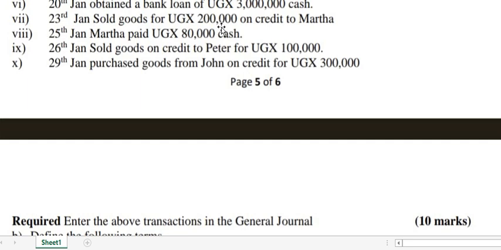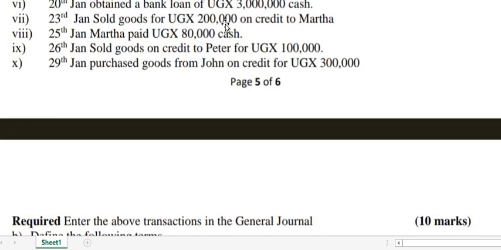Sold goods for Ugandan shillings 200,000 on credit to Martha. The business is selling goods on credit to Martha. This is a credit transaction, and it's a sale. Now Martha is a debtor to the business. In accounting, a debtor is an individual or entity that owes money to another individual or entity.